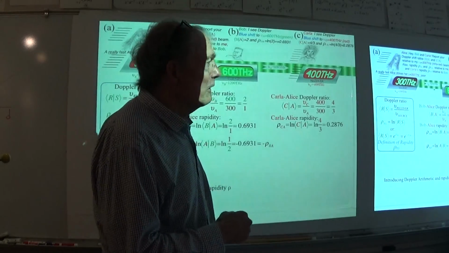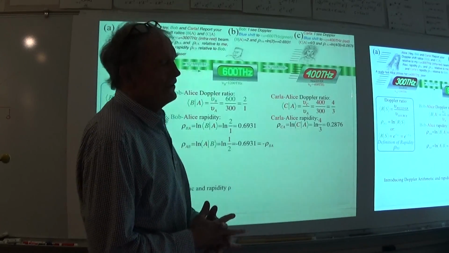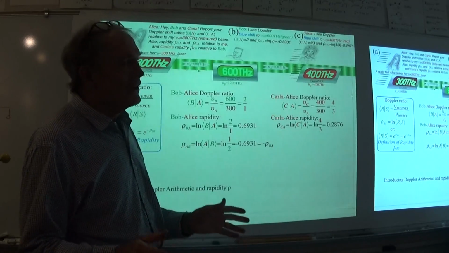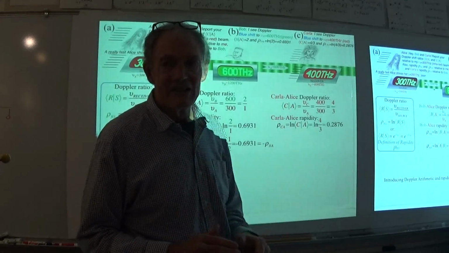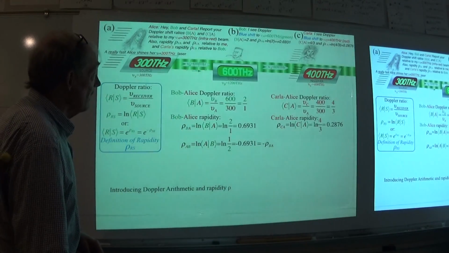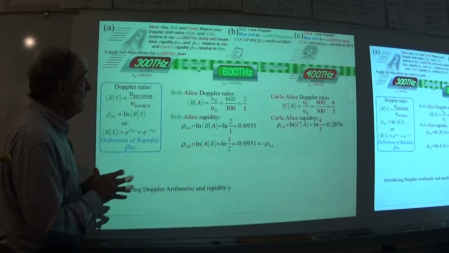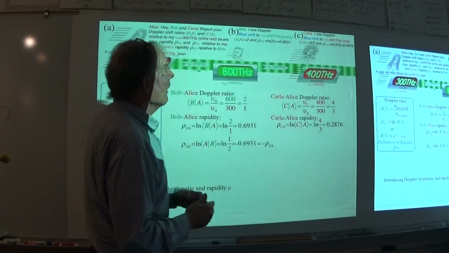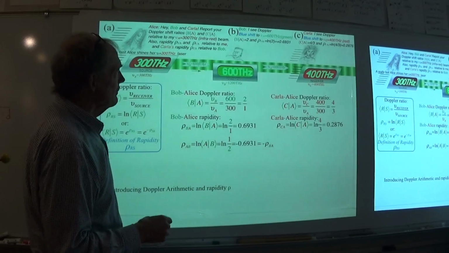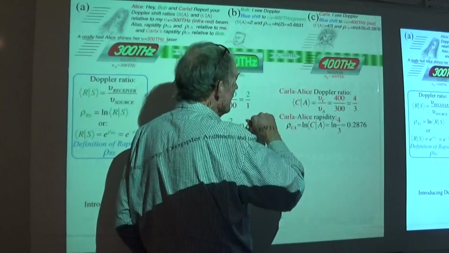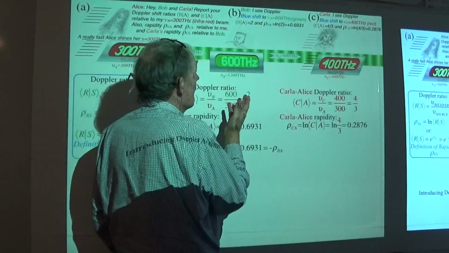It's not a kind of, well, he said so. Einstein was really smart, so he knew, right? That's not the way we do physics. Okay. Now, this is the important thing that involves Carla. Carla, as I say, she's got some zip to her there, and she's headed that way at some speed relative to Bob.